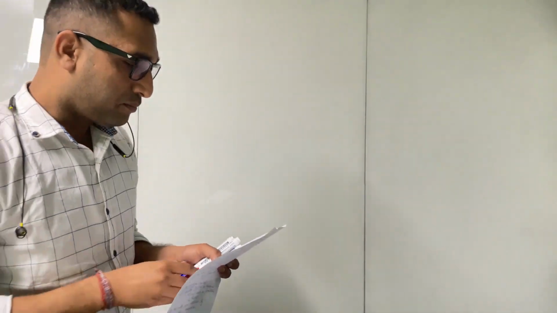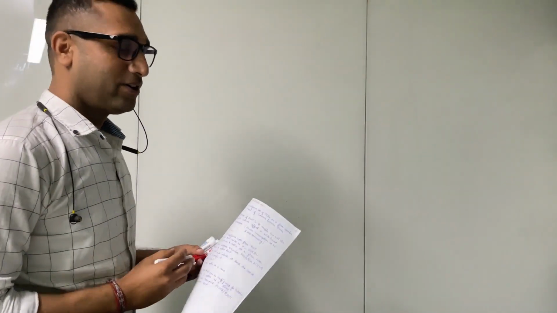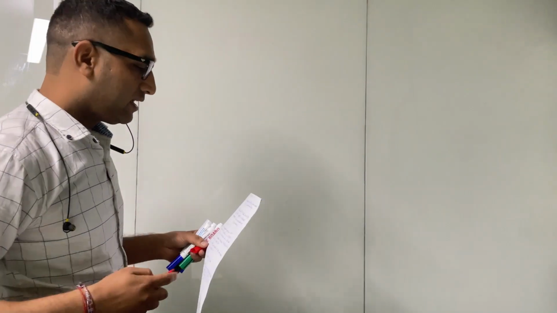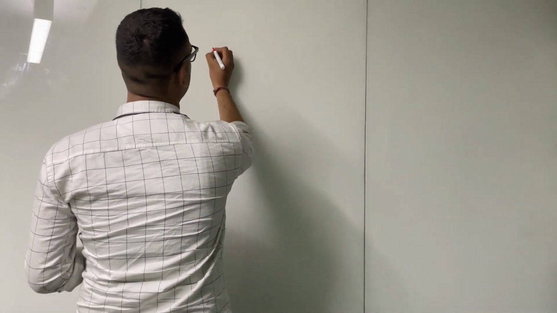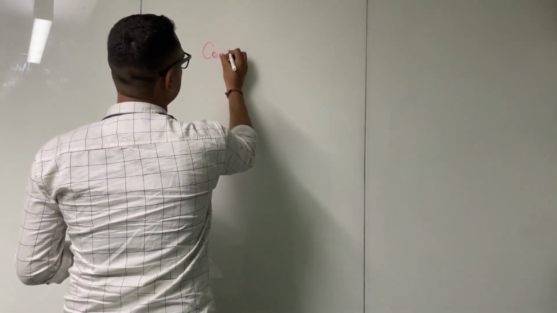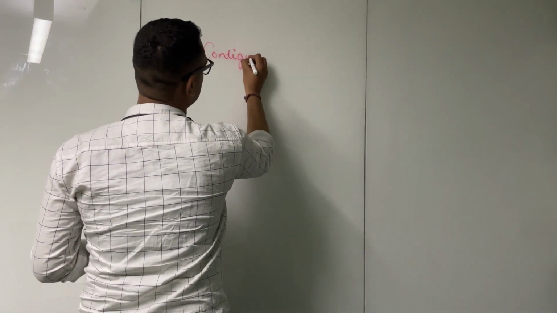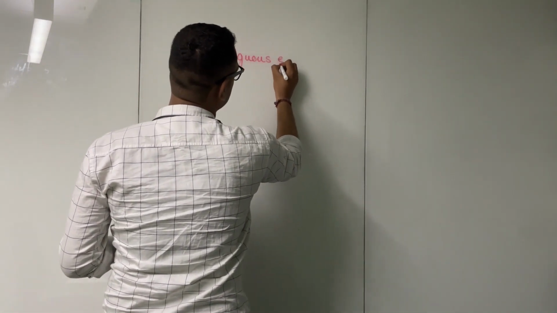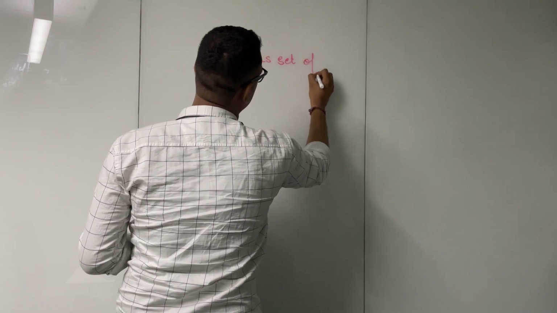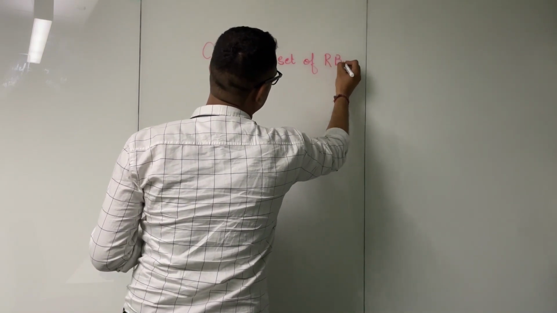To define it in a boring official way, we can say that a bandwidth part is a contiguous set of RBs. Contiguous set of RBs.